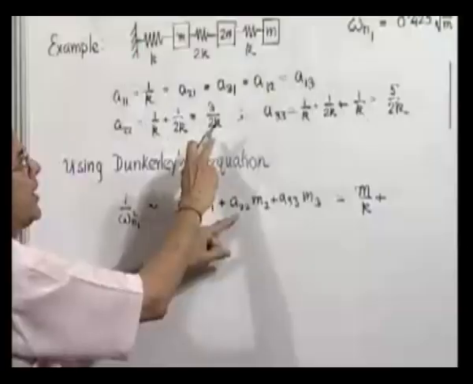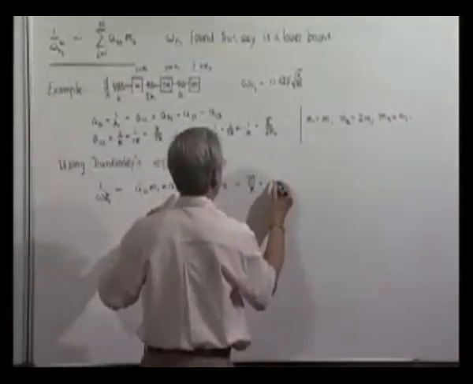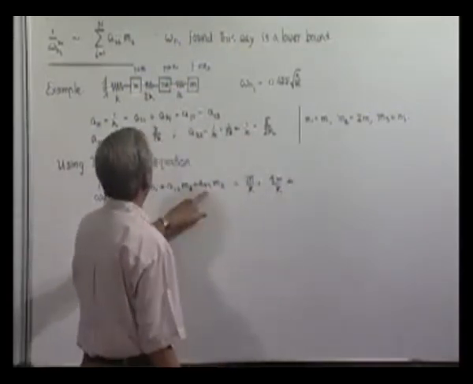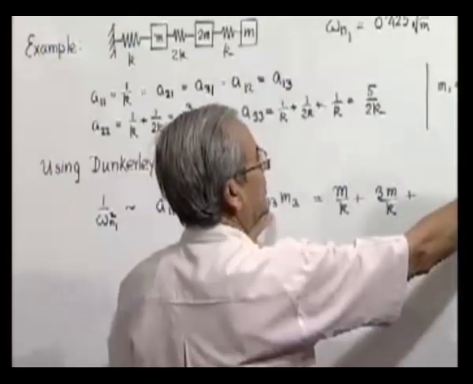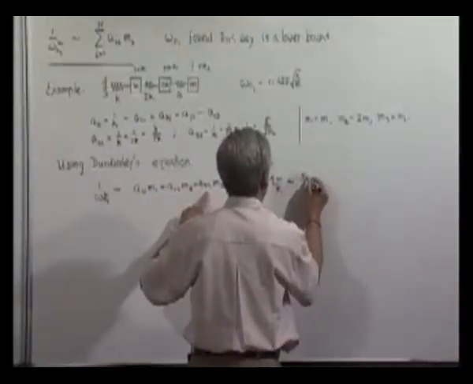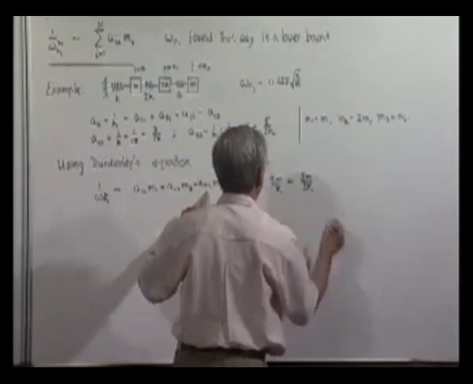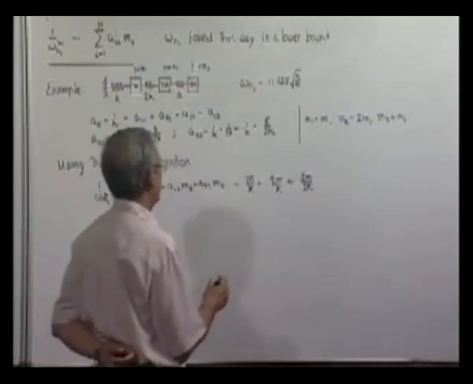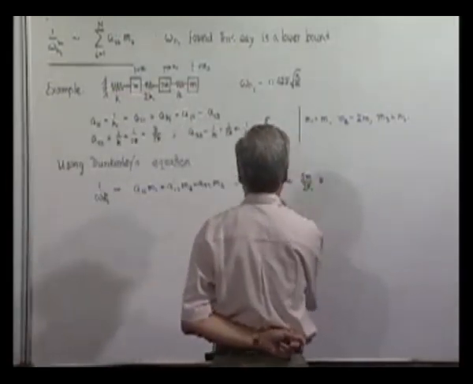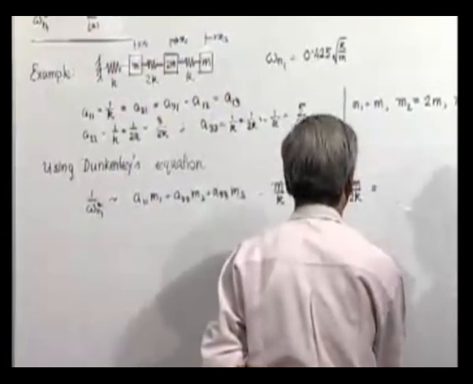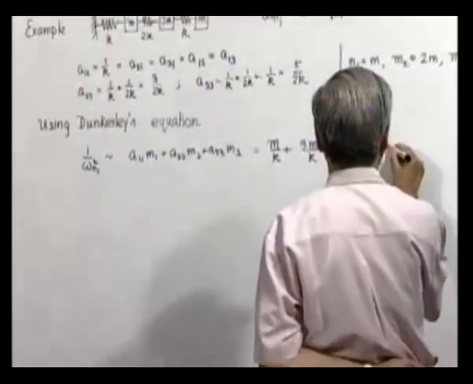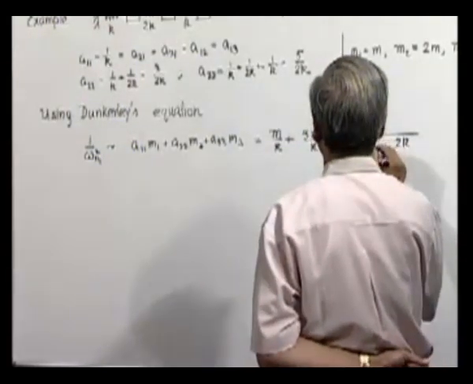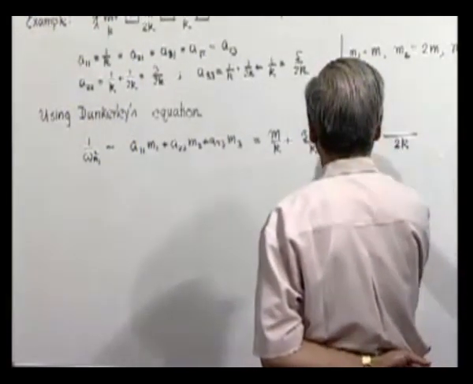A22 is 3 by 2k and this is 2m, so it will be simply 3m by k, plus A33 is 5 by 2k and m3 is m, so it will be 5m by 2k. And this is equal to 2 plus 6, 8 by 2k.